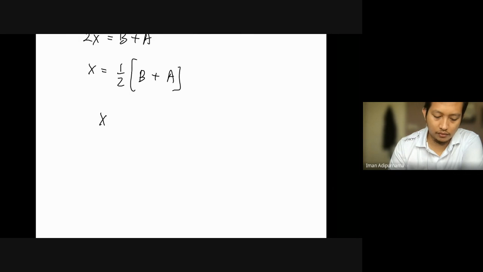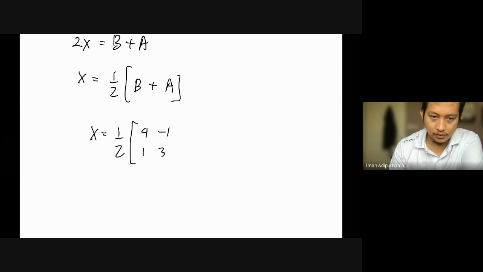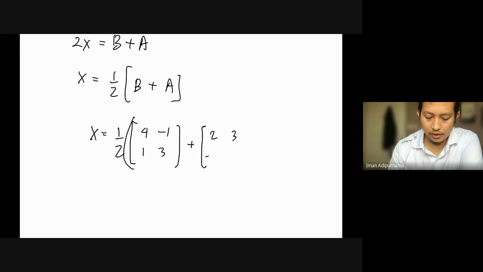We can write now that x should be equal to half, and then write the matrix B as 1, -1, 3, plus A, which is 2, 3, -5, 1.